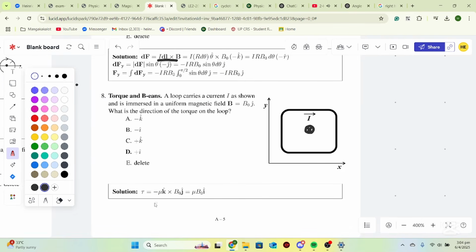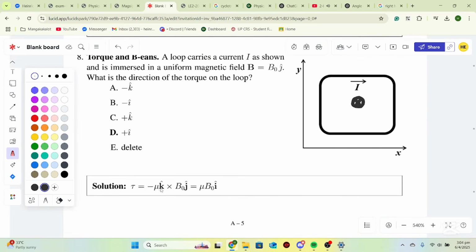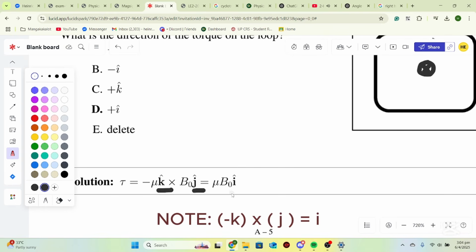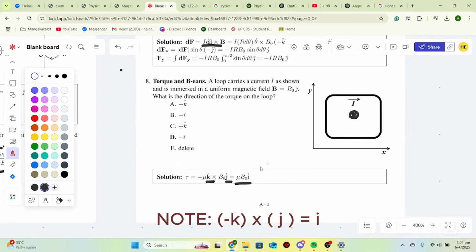So we know it's into the page, which is negative K. So that's why there's negative mu K. And we also know that the magnetic field is B naught J, positive J. So if we cross this, K cross J is negative I, but since there's already a negative, it becomes positive.